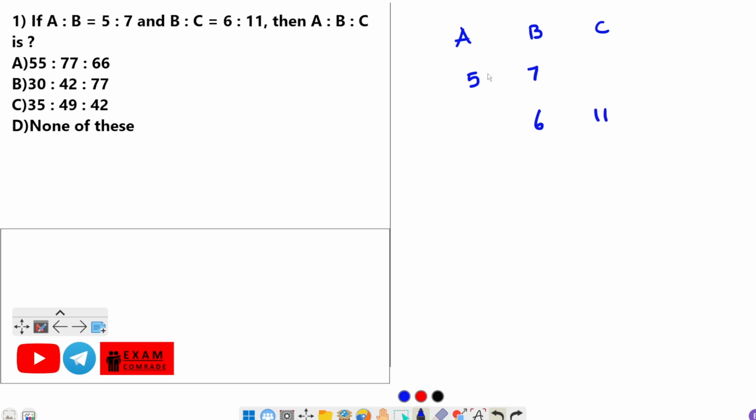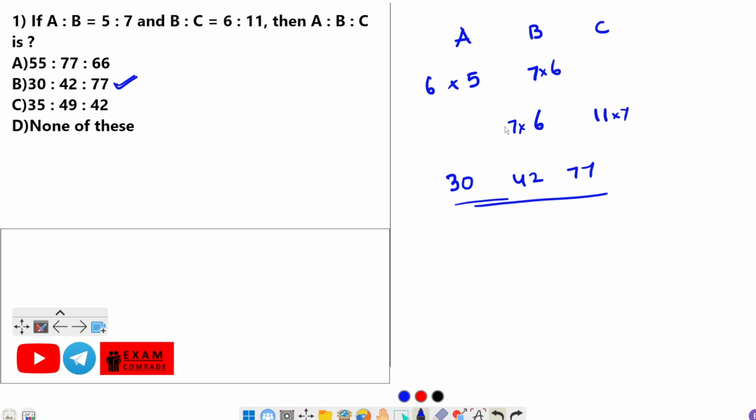Here we need to understand that B in the first expression is not equal to the B in second expression, so we need to equate these things. So we need to multiply the first ratio with 6, and second ratio with 7. Then we get 30 is to 42 is to 77. That is, B is the right option.